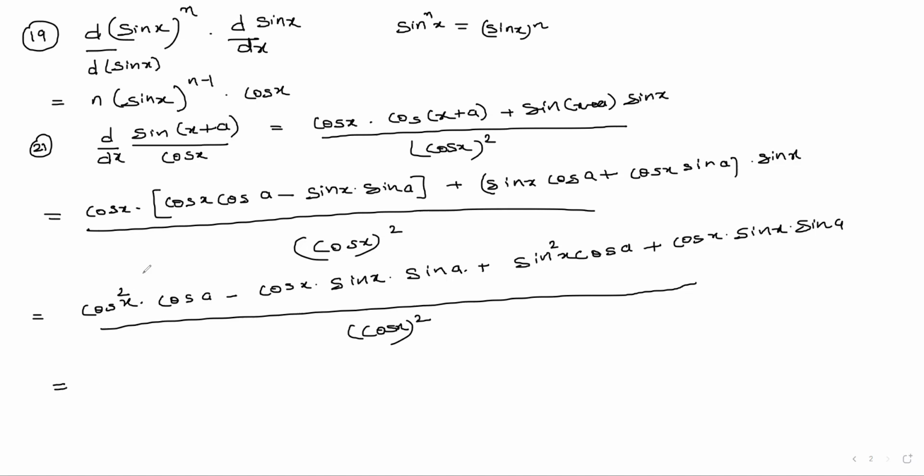Okay, then Noma, from this and this we can take cos a common. Yes sir. How much will it be? sin square plus cos square, which will give us 1. So this is cos a.